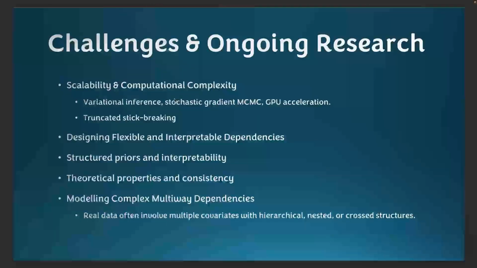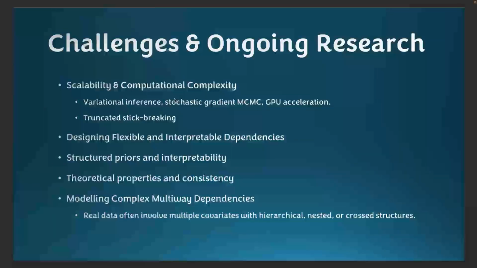I think we can still do some research on the DDP, but basically there are still some scalability issues that still need to be solved. Designing, as I think most of the talks this morning pointed out, dependent probability models for random measures which are interpretable and can accommodate different types of dependence structure is not a completely solved problem, and there are many possible avenues that can be followed.